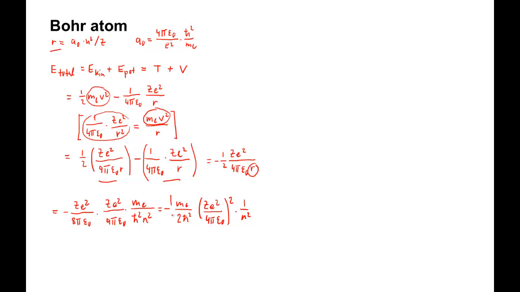This prefactor here consists only of physical constants and the nuclear charge. For Z equals 1, it's equal to 13.6 electron volts.